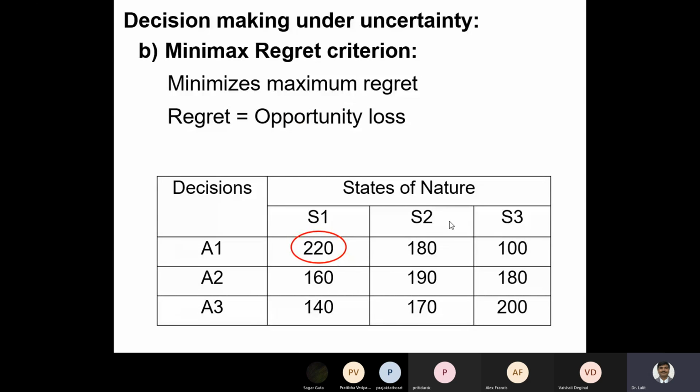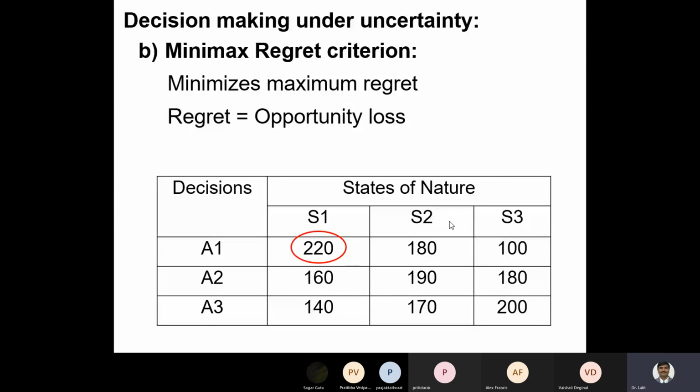Now, because we are taking a decision under uncertainty, let's suppose that a decision maker opted for decision A2. At the end of the decision period, he knows that event S1 has occurred. Then he will feel a regret: I should have taken decision A1.